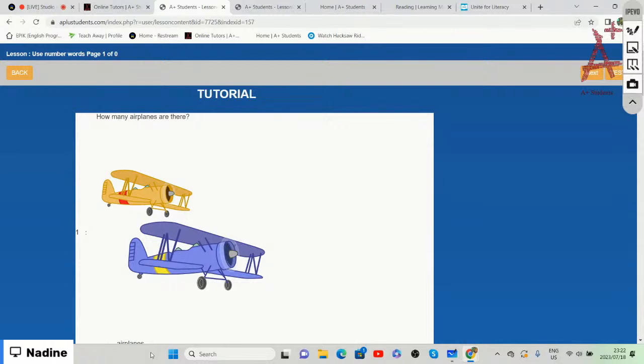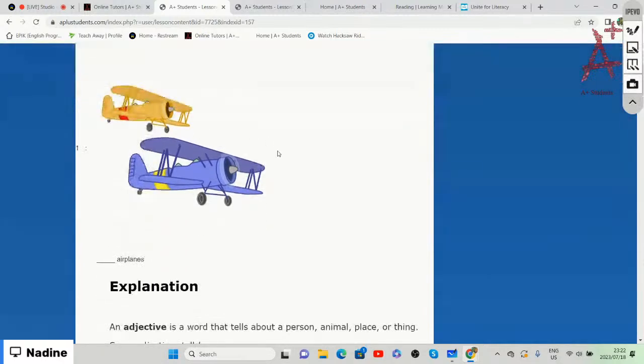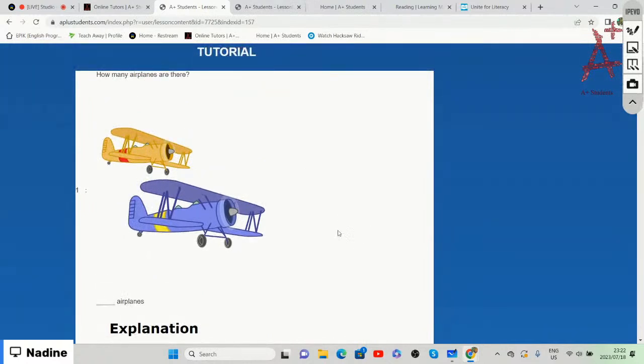Numbers will tell us how many. So how many airplanes are there? Which means that we need to count how many there is, which means that the number of airplanes, people, places, things, or animals will be our adjective, because they will tell us how many there are.